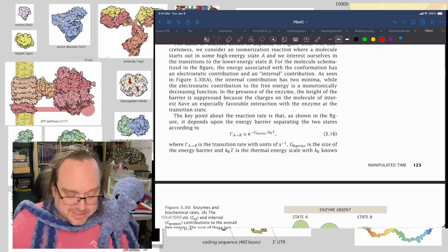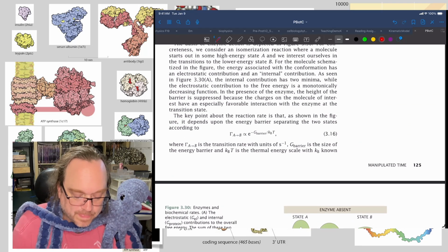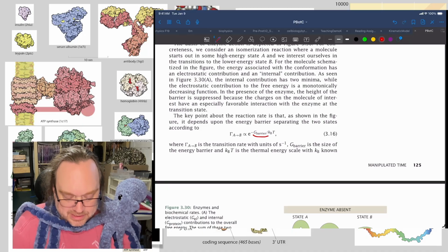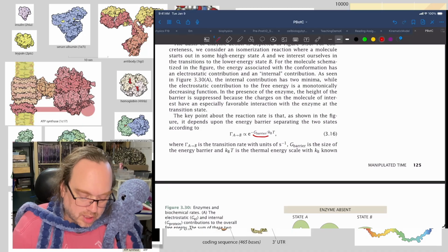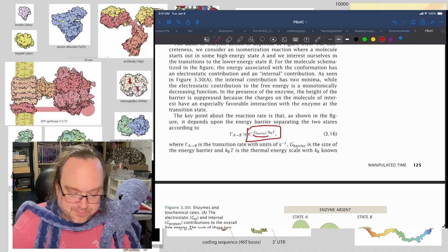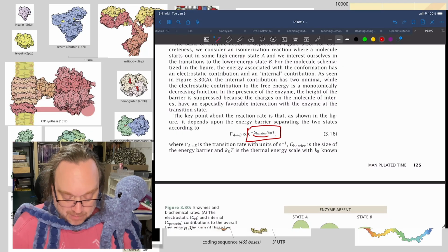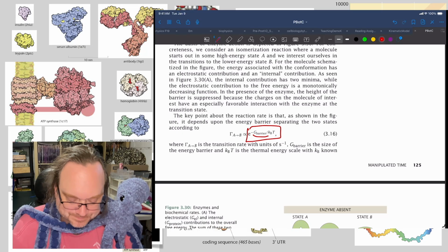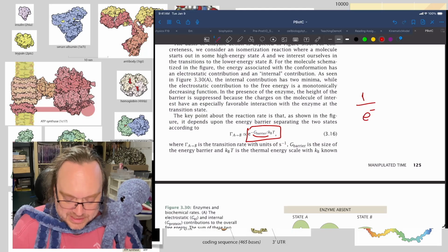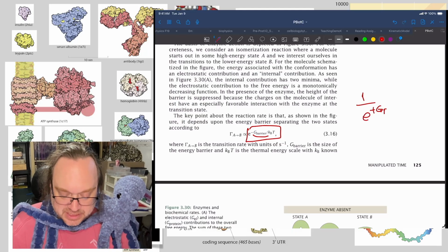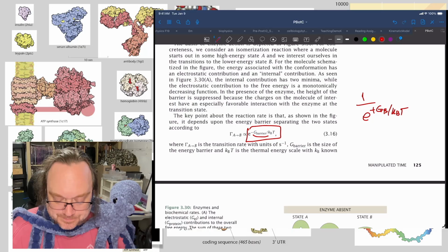So 3.16 is saying that the higher that barrier is, the more this term will suppress what's happening. Why is it suppressing it? Because this is e to the negative something. So it's 1 over e to the positive G barrier over kBT.